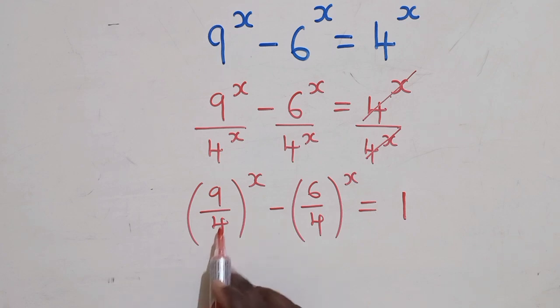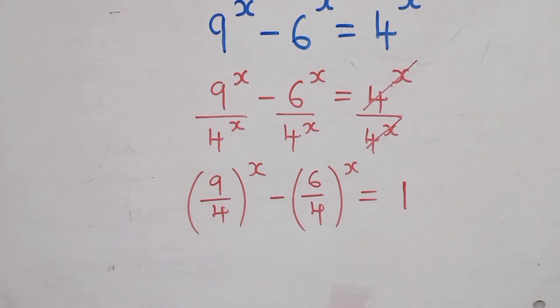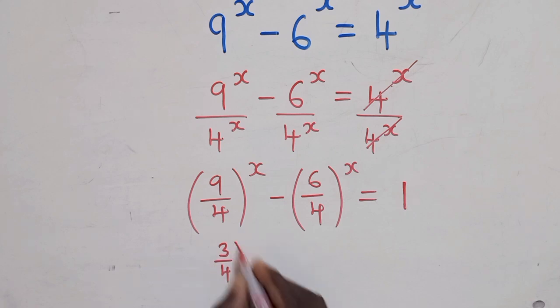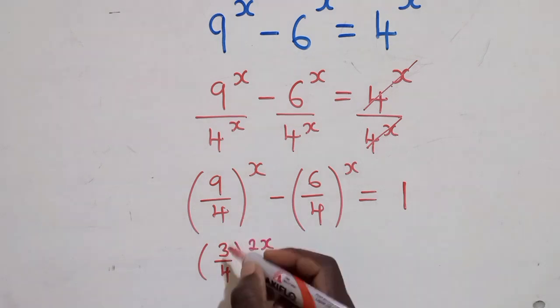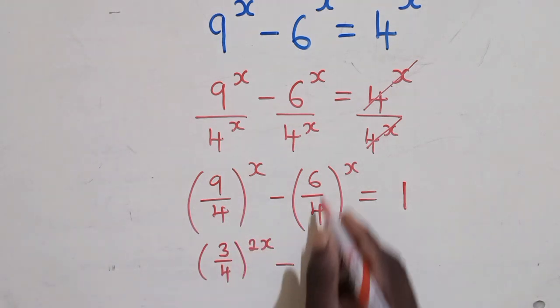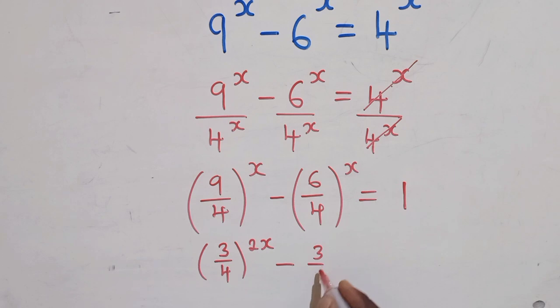So we can simplify. If you're able to see here, this will give us a 3 over 2, actually, here it's supposed to be 2.